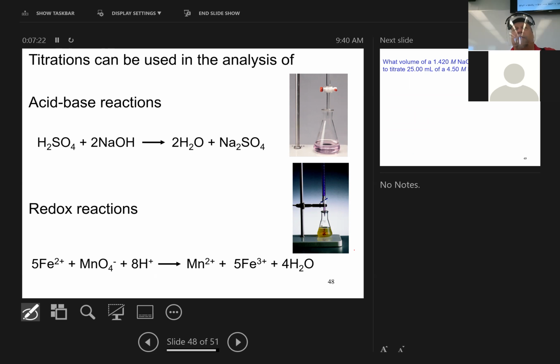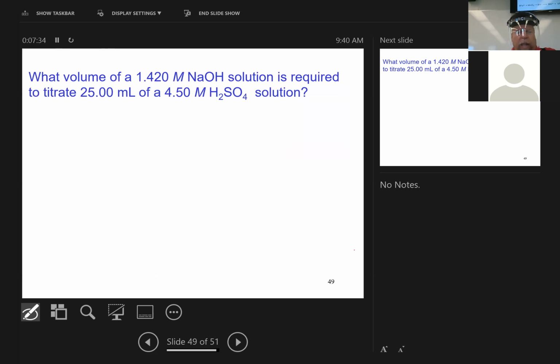This lab is done at some colleges and universities with a titration, usually in general chemistry too. It's quite a cool experiment to do a redox reaction as well. Now, what volume of 1.4 molar sodium hydroxide solution is required to titrate 25 milliliters of this?